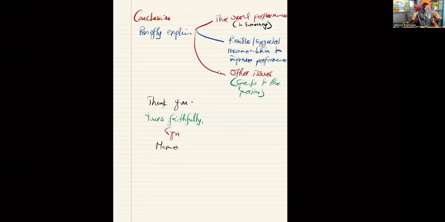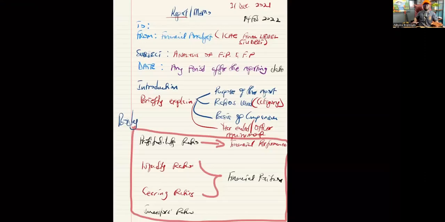So when the examiner takes your script under ratio analysis, and the requirement of the question was a report, the examiner will look at this first before the examiner goes into reading the English you wrote. So what is the structure of your presentation? Do we have the to, from, subject, date?